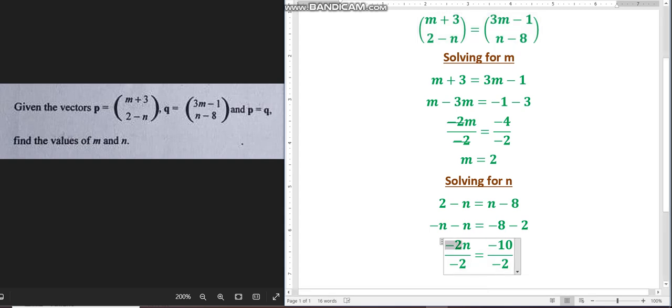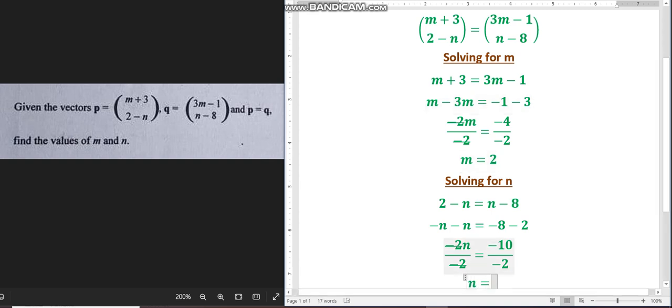So the -2 at the numerator will cancel out the -2 at the denominator, which leaves us with n equals.